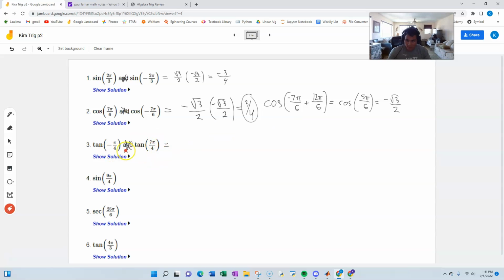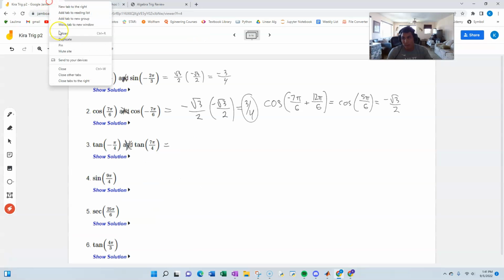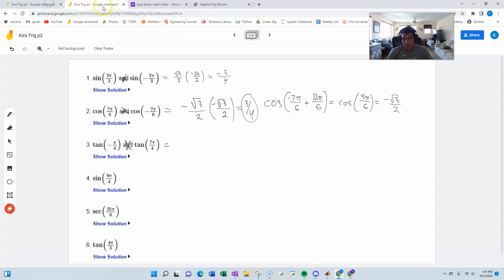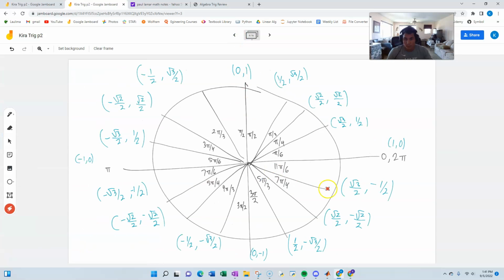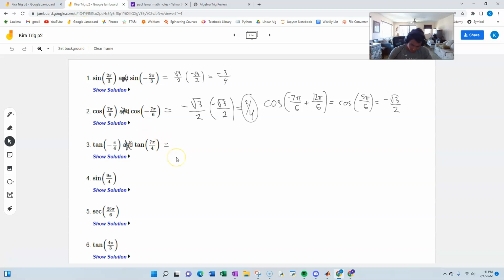Okay, let's do these guys. And let's do negative pi over 4. Let's just open up a new tab of this. Negative pi over 4, we can start here and then just go boom. That's the same thing as 7 pi over 4. Okay, this will be our reference tab. So tangent of negative pi over 4.